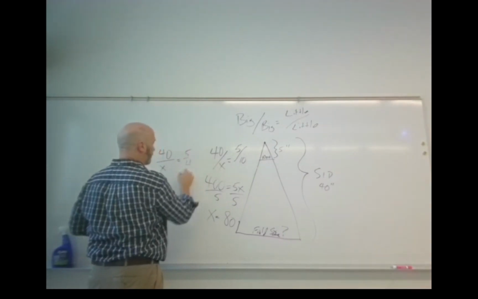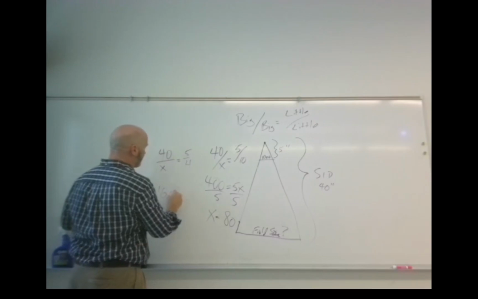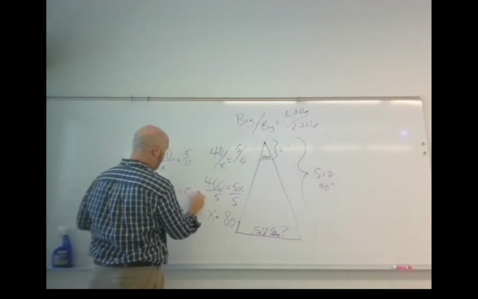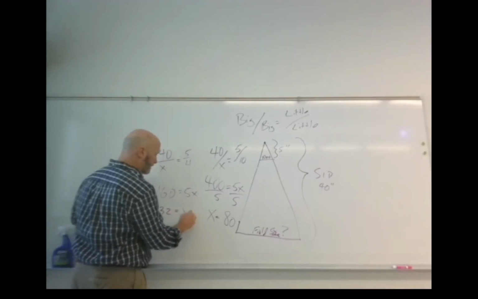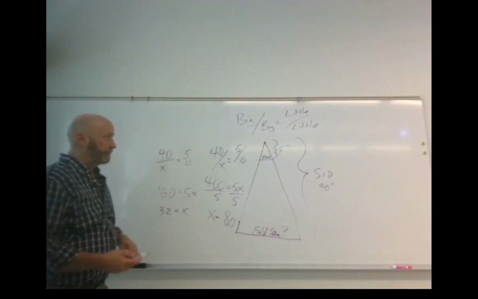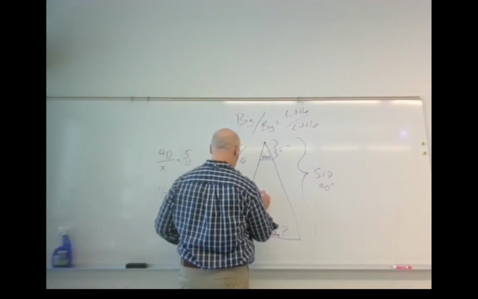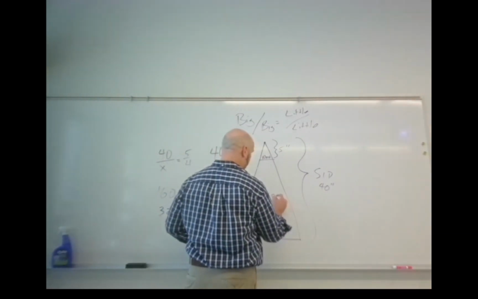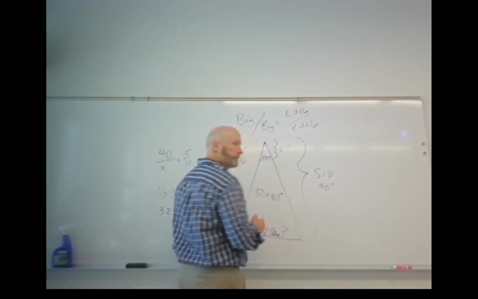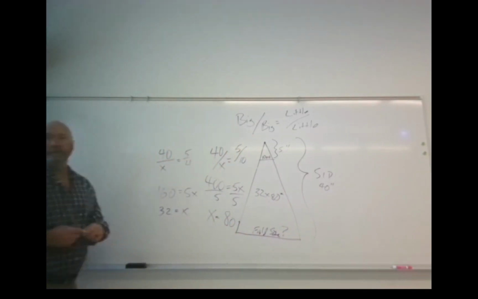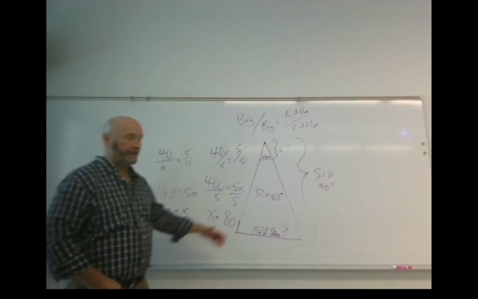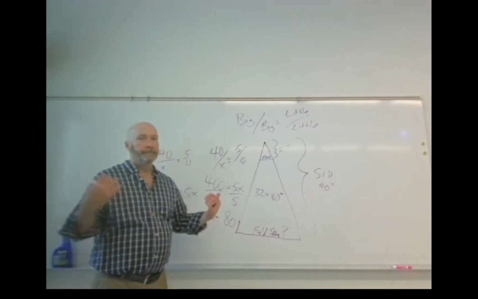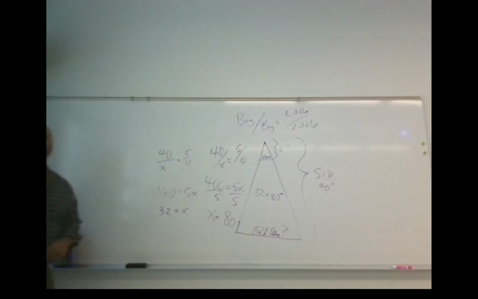So it'd be 160 is equal to 5x, so that'd be 32 is equal to x. So your overall field size then would be 32 by 80 square inches. But again, I'd say at least 9 times out of 10, all you gotta do is get to one of them and just pick it out of the answers.